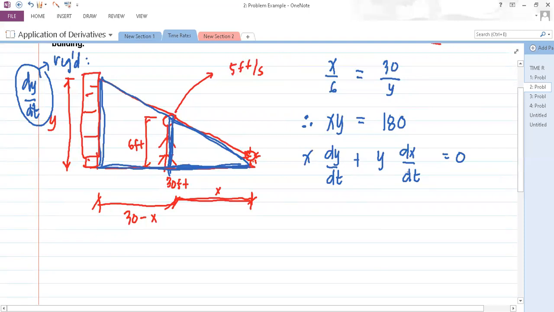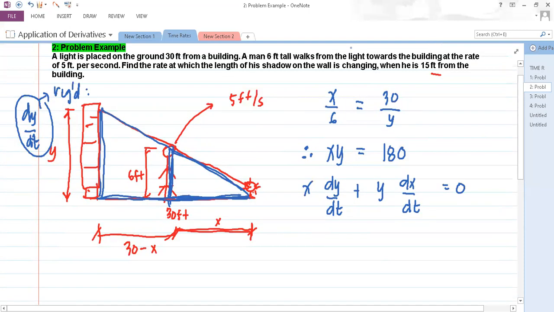Okay, so dx dt is given, sabi sa problem, that is 5 feet per second. Yung man towards the building is at a rate of 5 feet per second. Okay, so we have now dx dt. Okay, we don't have the y, so we have to find the value of y. Okay, x, meron tayong x. We can find our x.